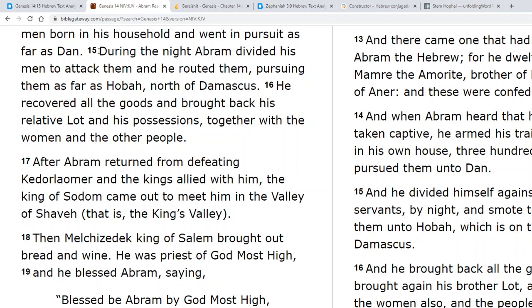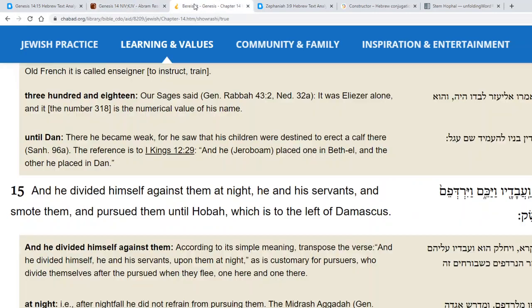Yeah, that's more literal. NIV: during the night, Abram divided his men to attack them, and he routed them. So they're saying lahakot means to smite, means to be victorious. Okay, I can see why you would say that. Pursuing them as far as Hova, north of Damascus, and there's that north.